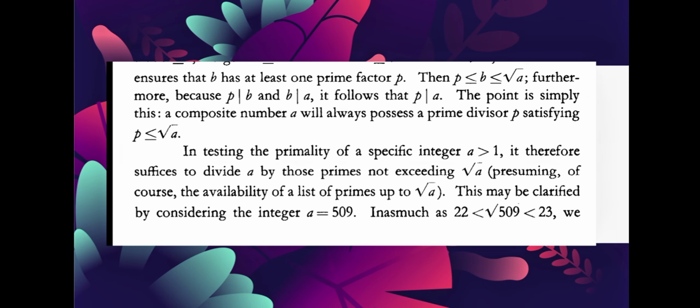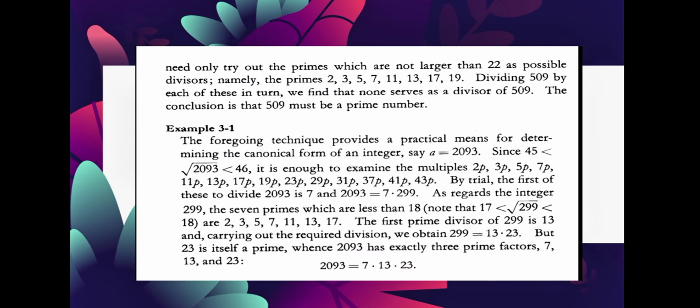And this may be clarified by considering the integer a = 509. Inasmuch as 22 < √509 < 23, we need only try out the primes which are not larger than 22 as possible divisors, namely the primes 2, 3, 5, 7, 11, 13, 17, and 19.